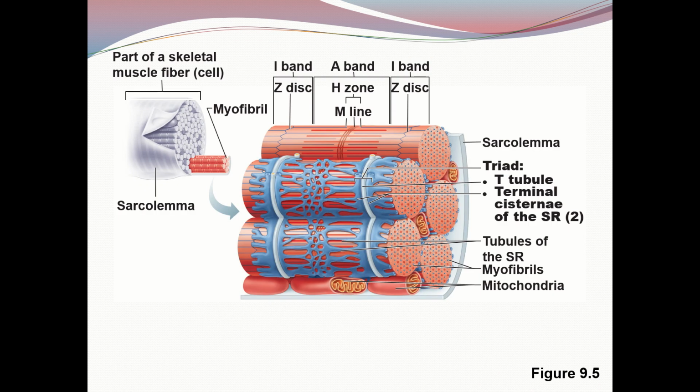This shows the sarcomere with the sarcoplasmic reticulum laying over it. So in the very top there's the myofibril, and no sarcoplasmic reticulum is on there, so you can see the Z disc exposed, and the actin, and the myosin, and the M line, and the H zone. Notice that where the T tubules are, that lies over the Z discs.